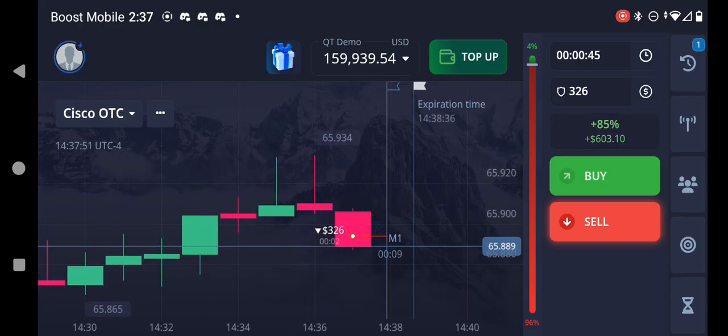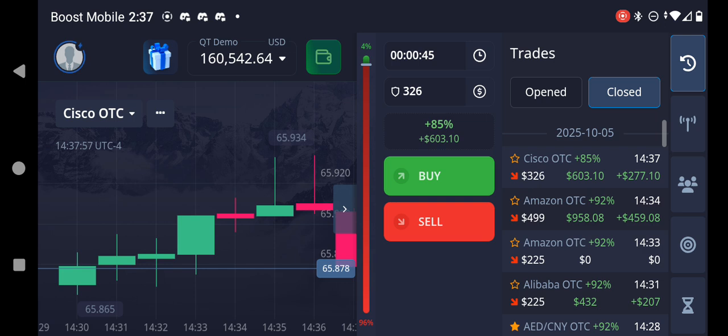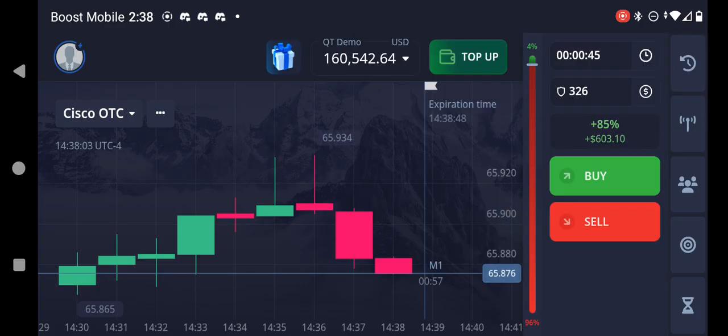Okay, mostly sells today. Mostly sells. All right, so there you have it. Two profits, one loss, and a profit. So that's pretty well done.